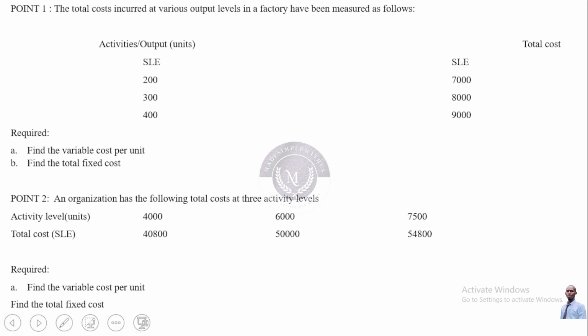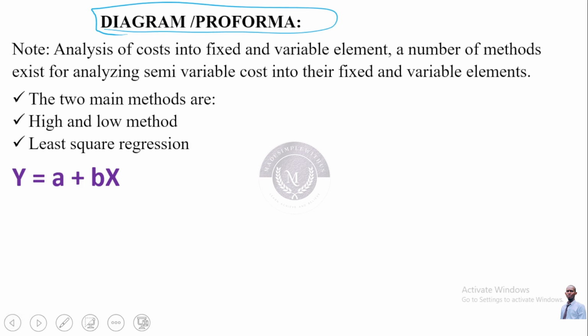So let's move further. Note, analysis of cost into fixed and variable elements. A number of methods exist for analyzing semi-variable cost into its fixed and variable elements. We have discussed that in the previous chapter. The two main methods we are going to use are the high-low method and the least square regression. But before going further, let's analyze this one, please.